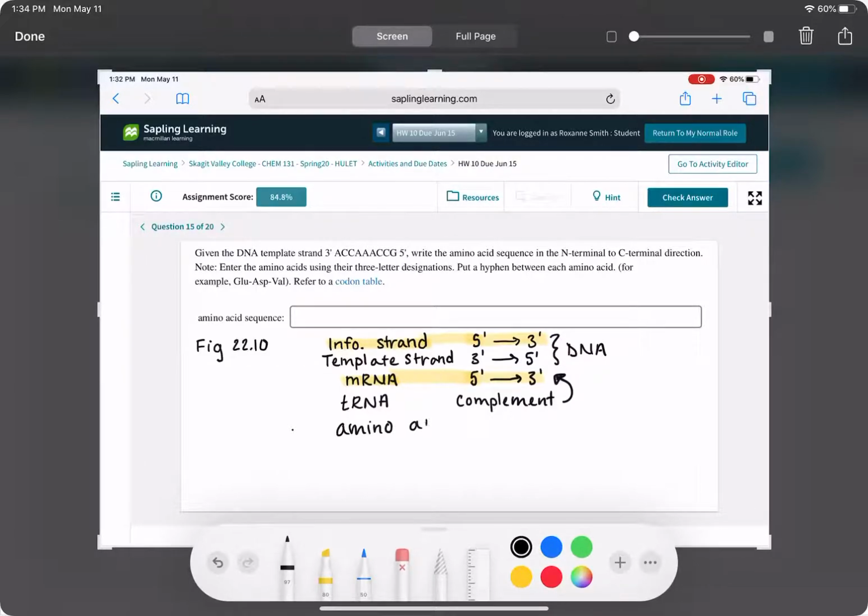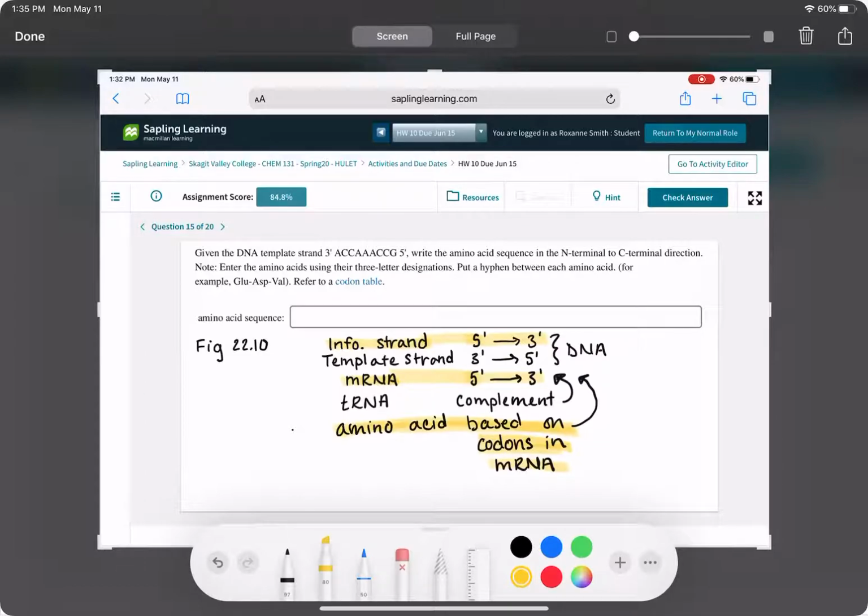The amino acids that we get when we read them off of the table are based on the codons in the mRNA. So when you're looking at the amino acid codon table, you're matching those nucleotides with the mRNA strand, not the tRNA.